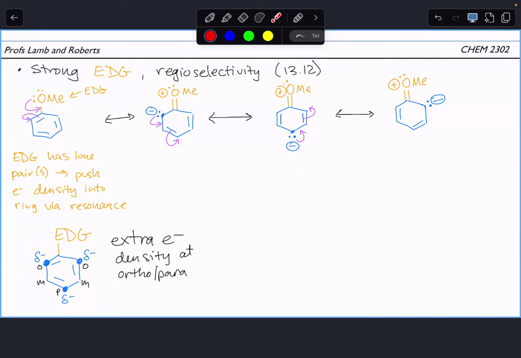Now think about this reaction, the electrophilic aromatic substitution. The aromatic ring is the nucleophile. If we have electron density at those positions, it is more nucleophilic at those positions.